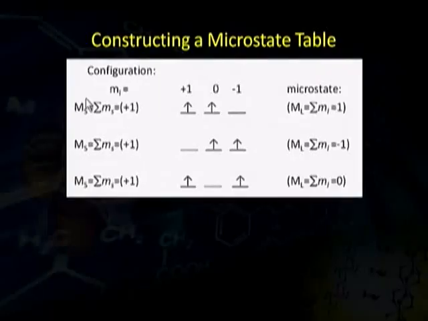In the configuration that a carbon atom in its ground state can adopt, the two electrons are arranged in px and py orbitals. For this, the summation of Ml will give +1: one electron has Ml equal to +1 and the other has Ml equal to 0.